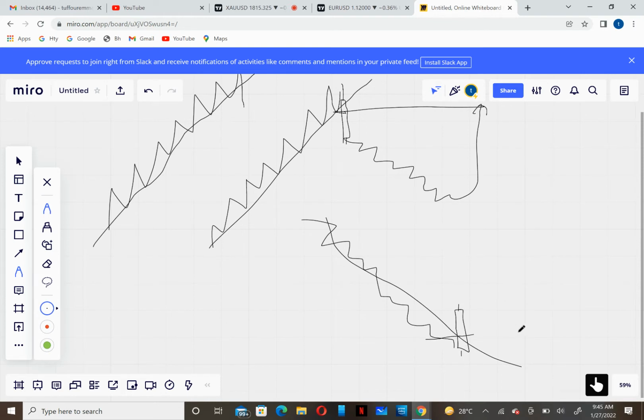At that point is the key zone. So this is the key zone.